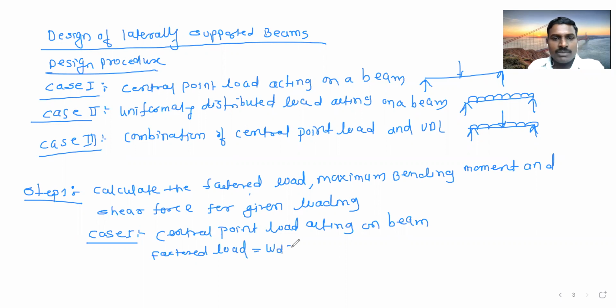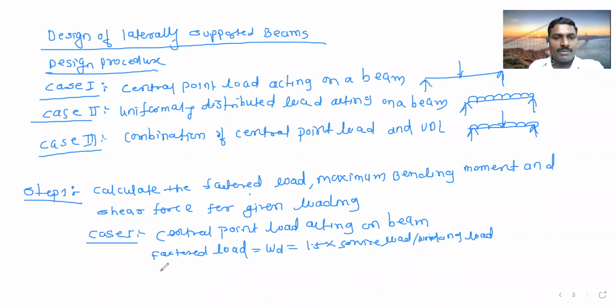Factored load is equal to WD. We are calling it the factored load WD. WD means the design load. W is the load, D is for design. Here we have given the notation WD, design load. So 1.5 into the service load or working load. In this way calculate the factored load.